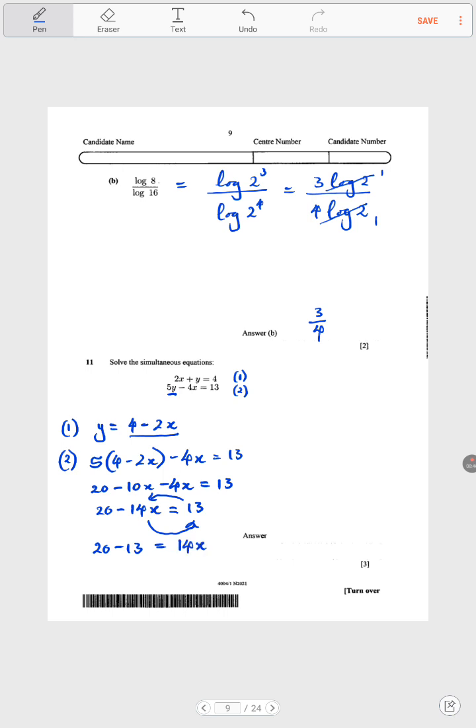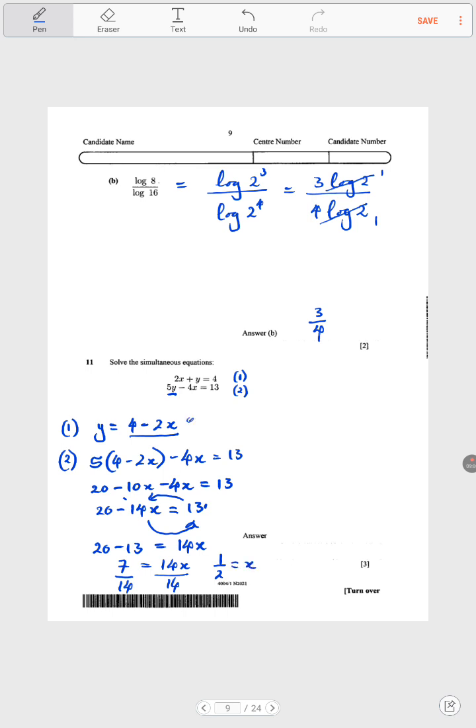Because if I take minus 14x and put it on the right hand side, it becomes positive. If I take 13 from this side and put it on this side, it's going to be negative. So here we have 7 equal to 14x, and if we divide both sides by 14, I'm going to have half equal to x.